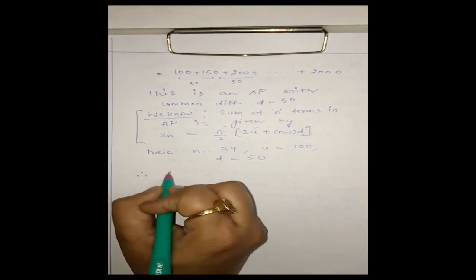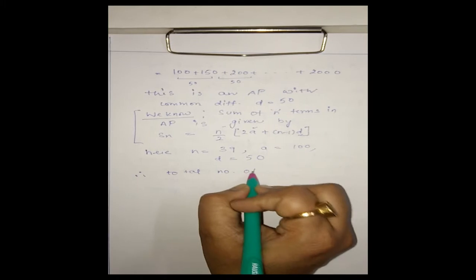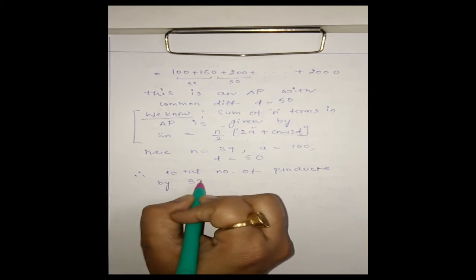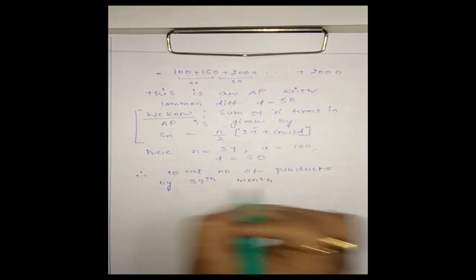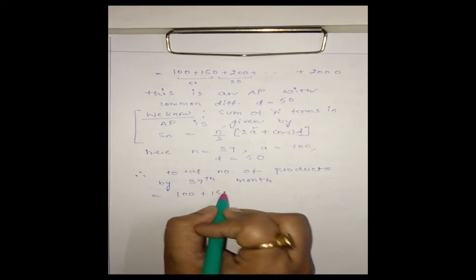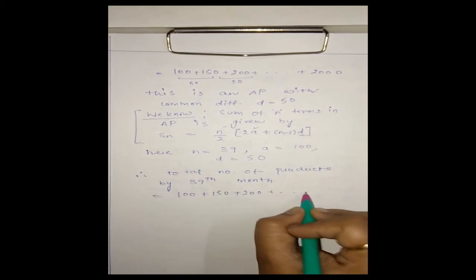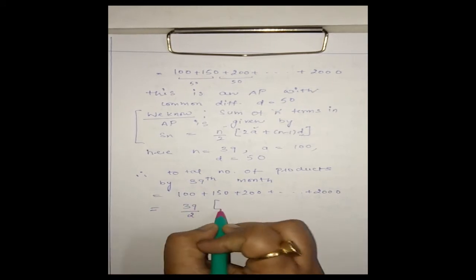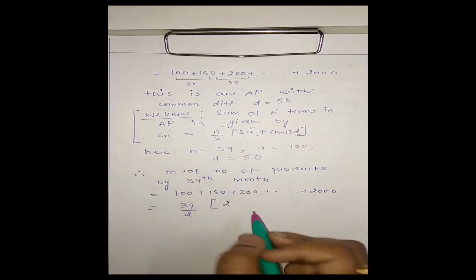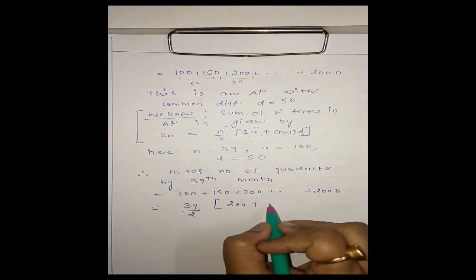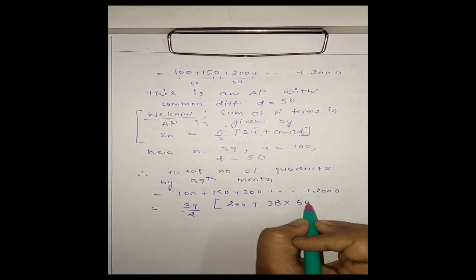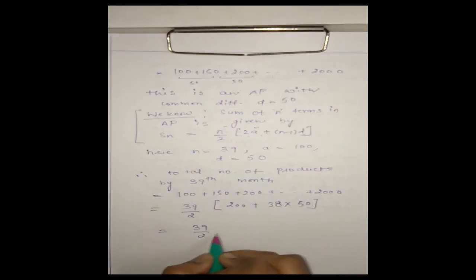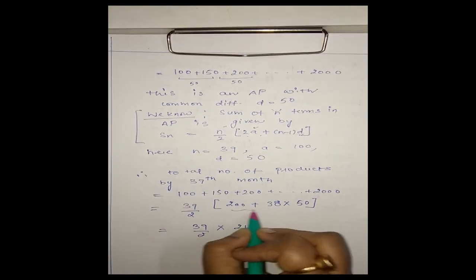Therefore, the total number of products by the 39th month, 100 plus 150 plus 200 up to 2000, is equal to 39 by 2 into 2 into 100, that is 200, plus n minus 1 is 38 into 50, and this is equal to 39 by 2 into 2100.